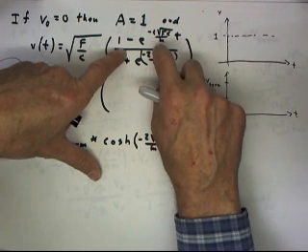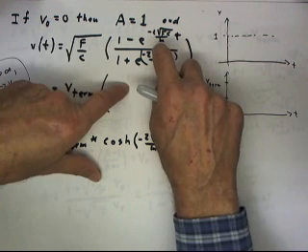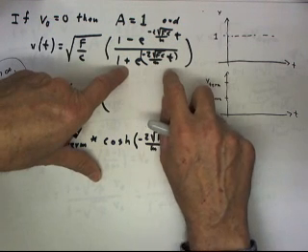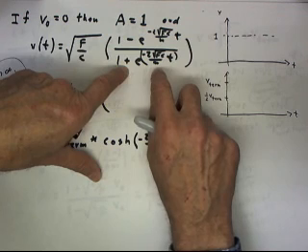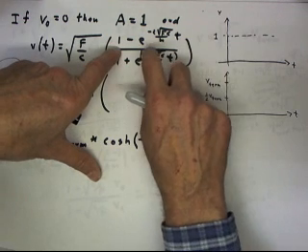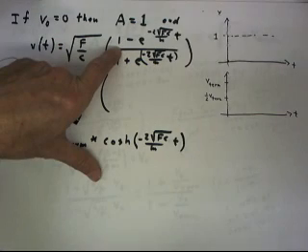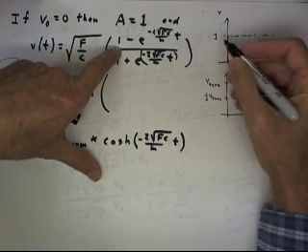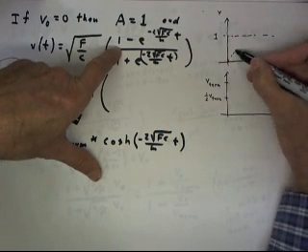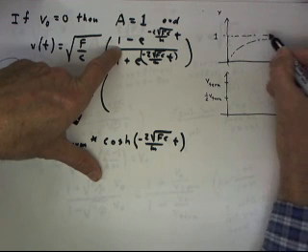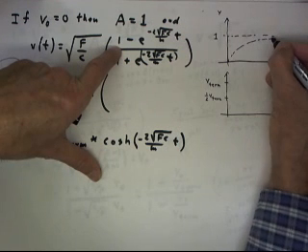The numerator is going to have value 0 when t equals 0. The denominator will have value 2 when t equals 0. Now if we look at the numerator function, it starts at 0, and as t approaches infinity, approaches value 1, so that we expect this graph to have this characteristic.